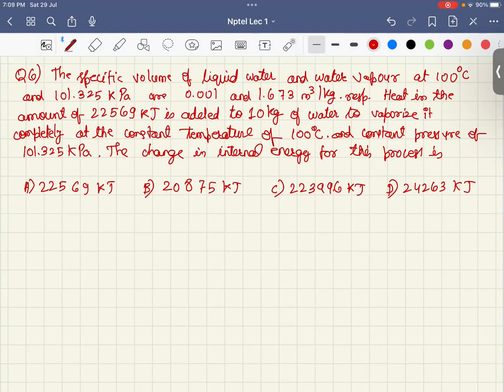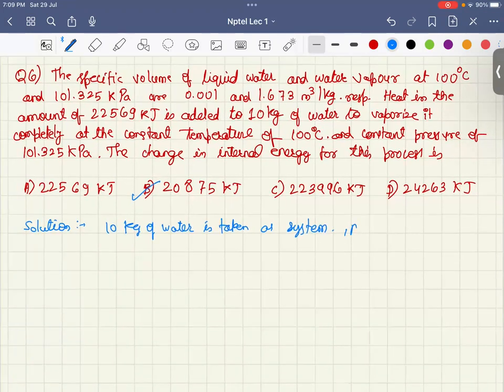So the correct answer is option B. The solution for this: what we have given is 10 kg of water taken as system, right?